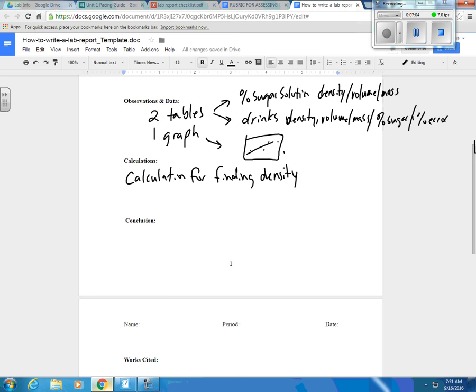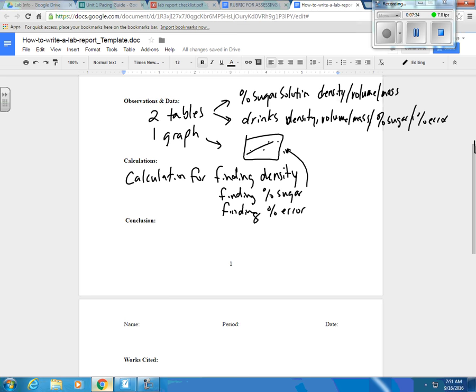You're going to put your calculation for finding percent sugar, which was the formula of the line that we had to manipulate to find X, where Y was the density and X was the percent sugar. You're going to have to explain that. And then finding percent error.